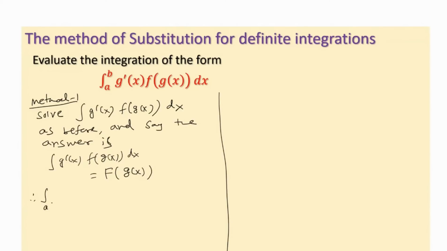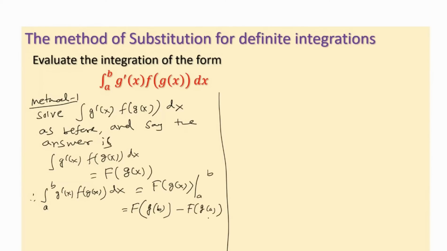So therefore integral from a to b of g dash x f of g x dx is equal to F of g x with limit a to b, so the answer will be F of g of b minus F of g of a.